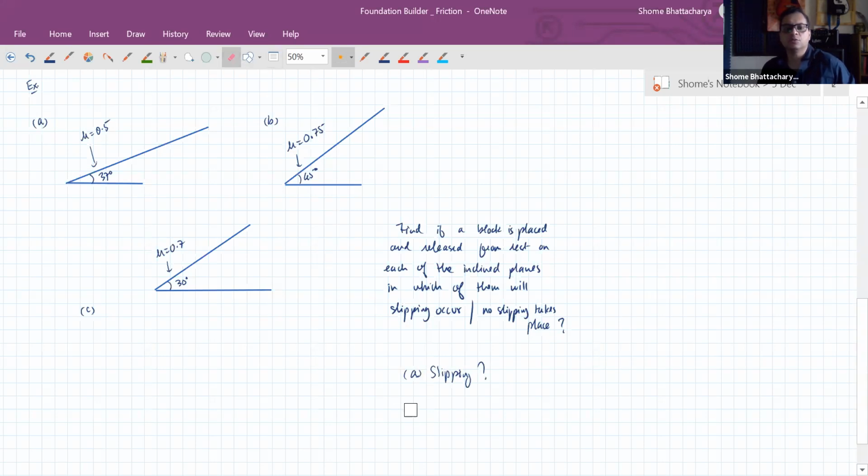Which of them slipping of a block will take place if we place an object. If it is slipping, then find out the acceleration also. How much will be the acceleration of the block?